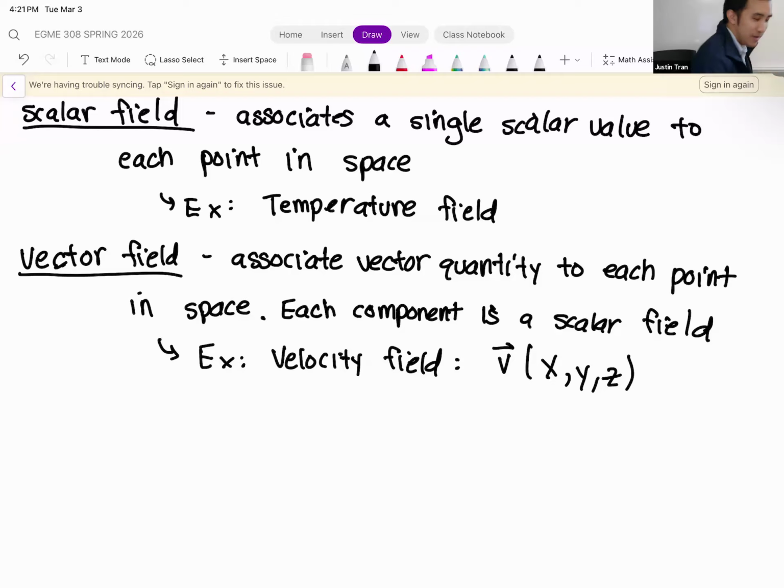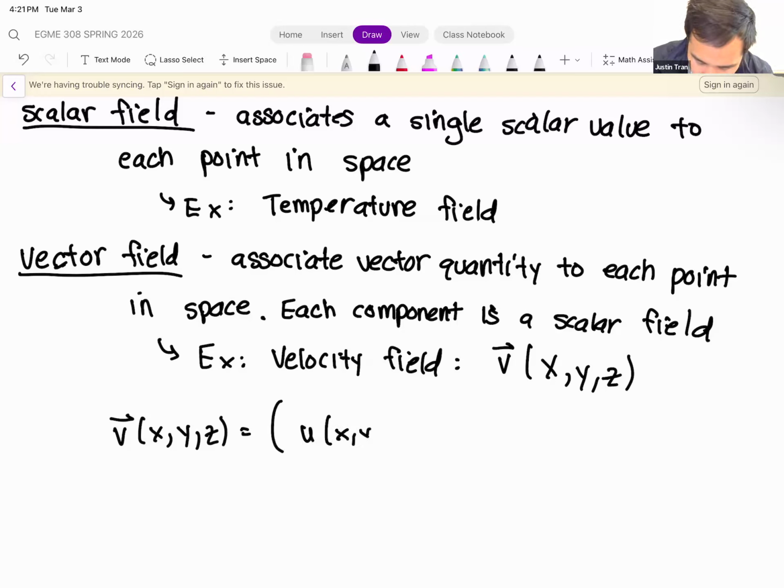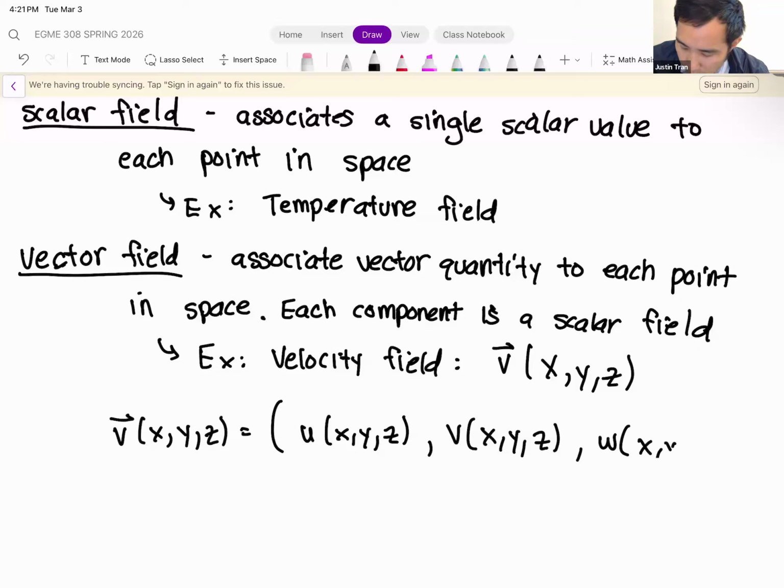It gets a bit confusing, but once I write it out, hopefully it will be clearer. So our velocity vector field, a function of x, y, z, is equal to u at x, y, z, v, a function of x, y, z, and w, which is a function of x, y, z, where u, v, and w are each of the individual components of the velocity.